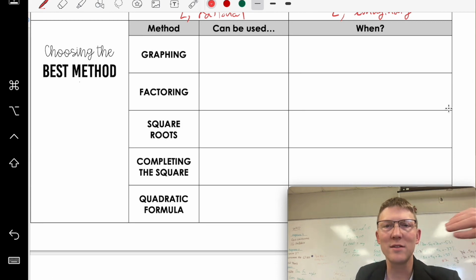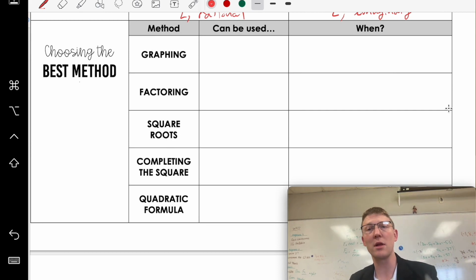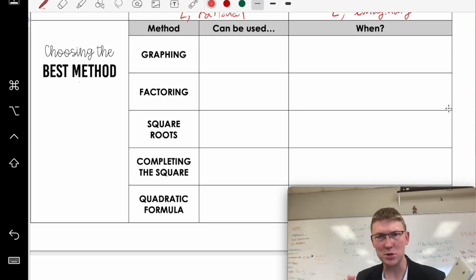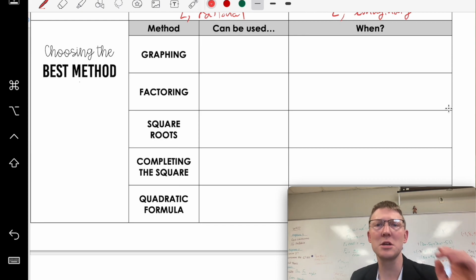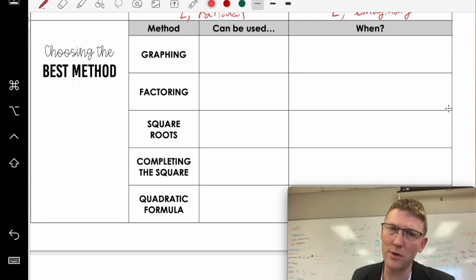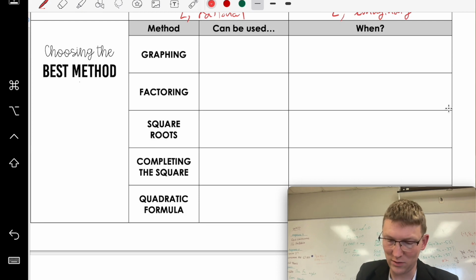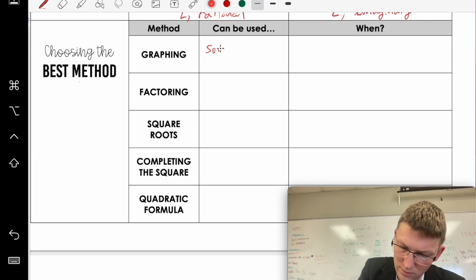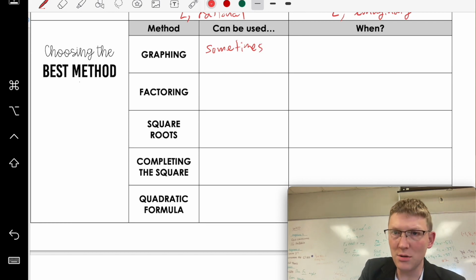And if it doesn't have an even integer, then it's not worth doing. If it's off in Neverland, or in between two numbers, then graphing is going to be really hard and only give you an approximate answer. So it can be used sometimes, and generally it's not practical.